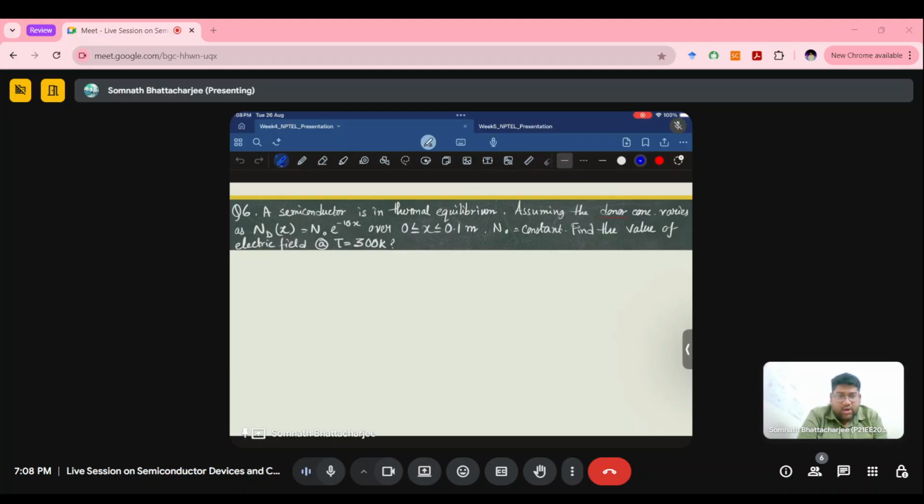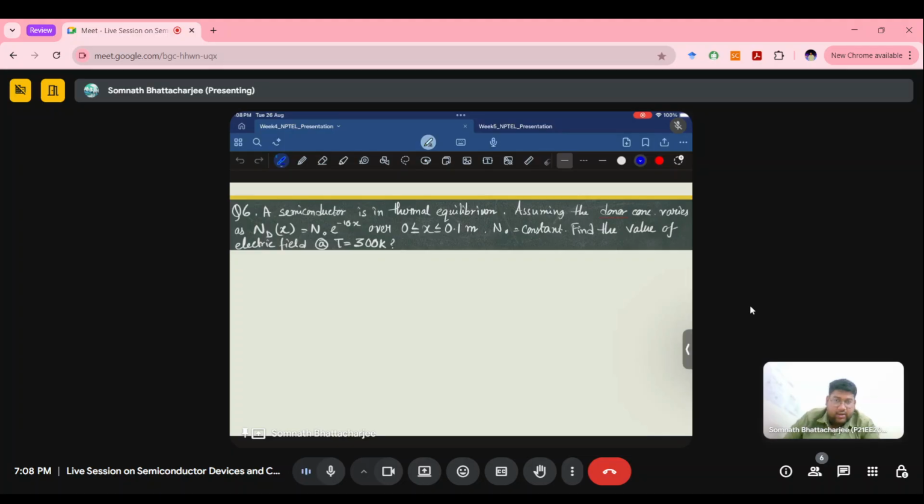Has anyone done this? If not, I'll give the solution. First, I'll recall the problem to you. What was it, and what was the main aim of this solution?